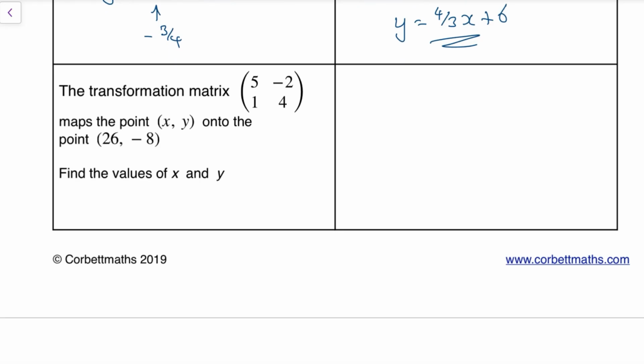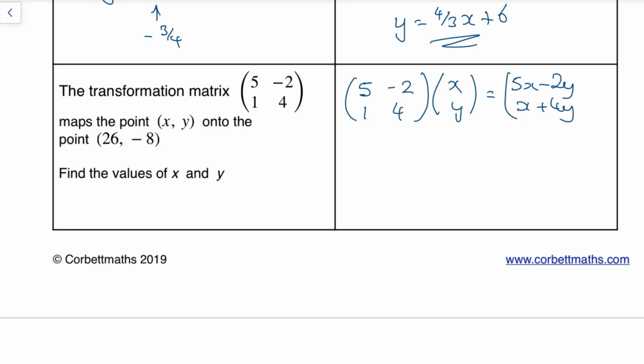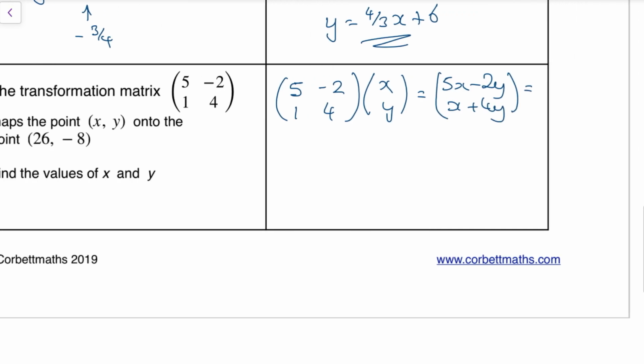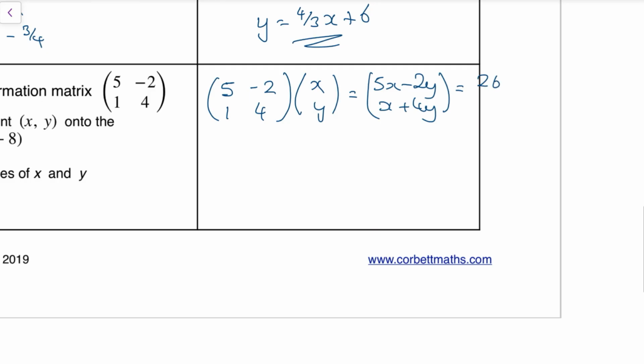Next and final question today. The transformation matrix maps the point (x, y) onto this point here; find the values of x and y. All I'm going to do is expand it. So the matrix (5 -2; 1 4) times (x, y) gives 5x - 2y and x + 4y, and all of this is equal to (26, -8) from the question, which means I have two equations and two unknowns, so we can just solve them.